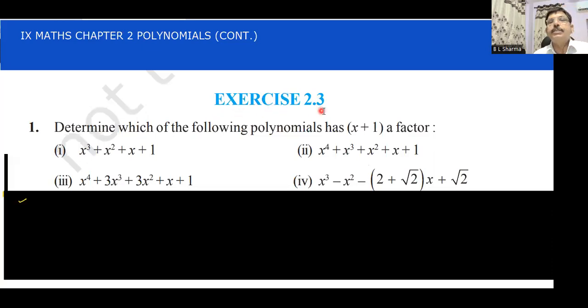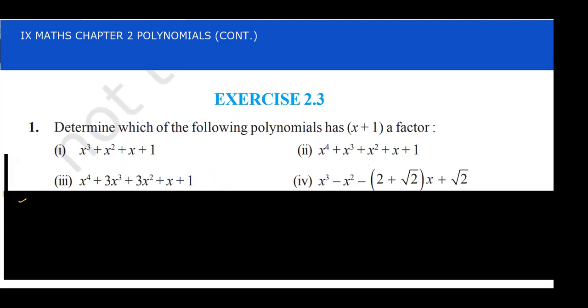This is exercise 2.3 and question number 1 is: determine which of the following polynomials has x plus 1 as a factor. x plus 1 in 1, 2, 3, 4 में किसका फैक्टर है? तो फैक्टर होने के लिए जरूरी है कि आपका रिमाइंडर 0 आए। So what we do here, first of all, we find the remainder.